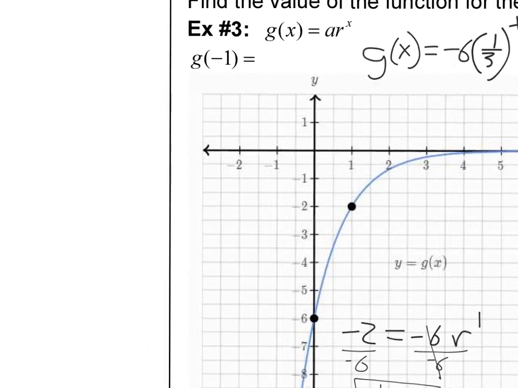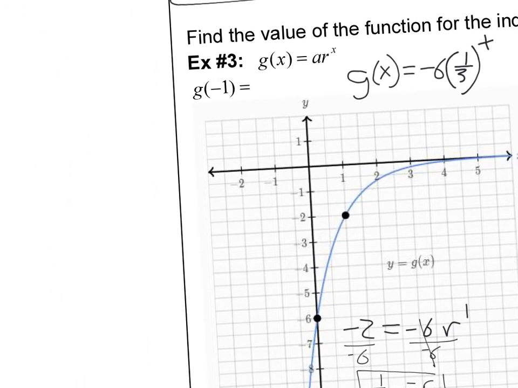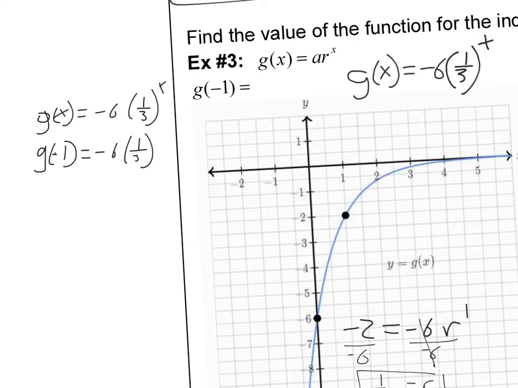I'm probably going to have to do that over here on the side. So remember that my function, I know it got a little messy there, but it's g of x equals negative 6 times 1/3 to the power of x. Therefore, g of negative 1 equals negative 6 times 1/3 to the power of negative 1.